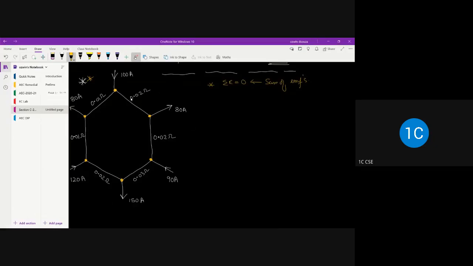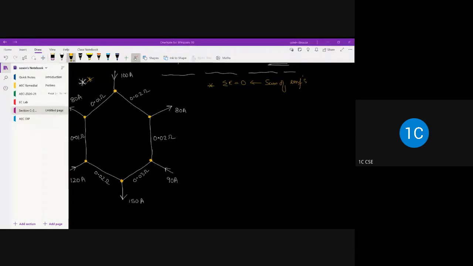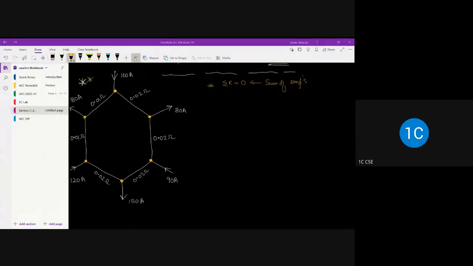Now to solve this particular problem, what you have to do is that some unknown current you are supposed to consider. And that current you can consider anywhere in this particular network. You can consider at this branch, or you can consider at this branch, or anywhere.